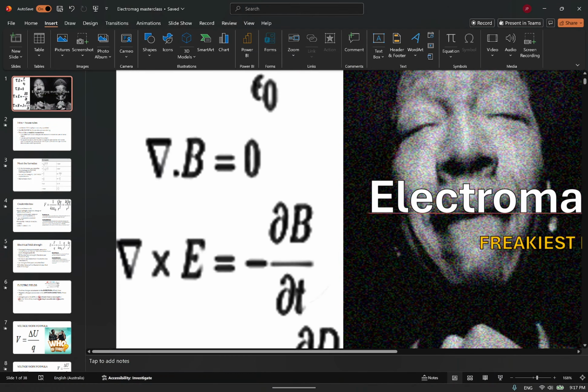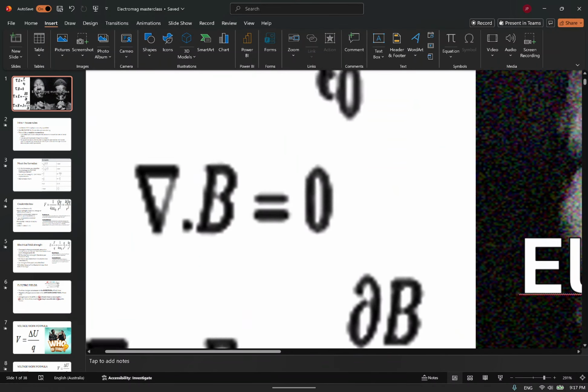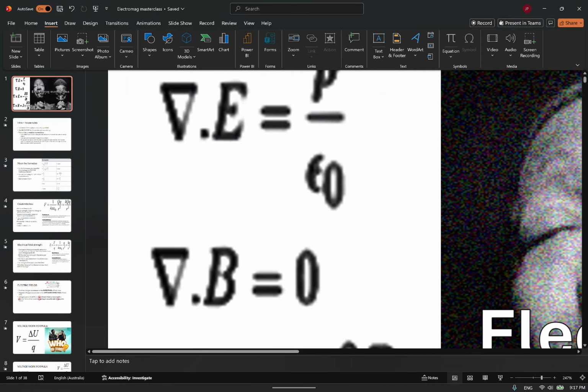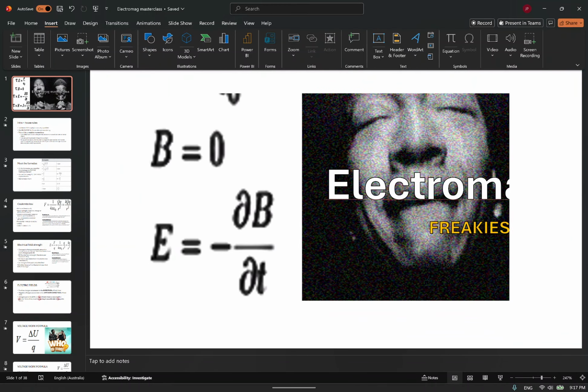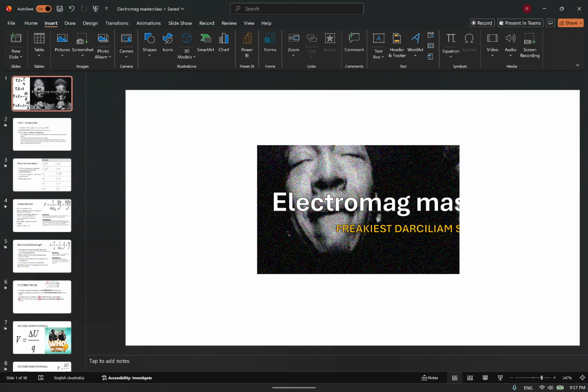If you go right at the start of the PowerPoint, these equations explain why.